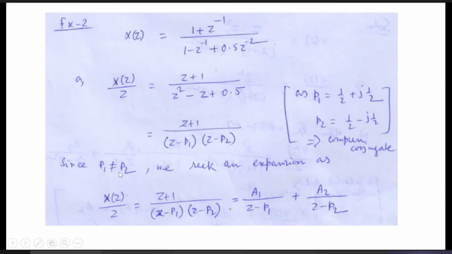Now, since p1 is not equal to p2, we seek an expression of this form. So now this is the partial fraction. This whole thing is written as z plus 1 divided by z minus p1 into z minus p2, and it is written as a1 by z minus p1 plus a2 by z minus p2.